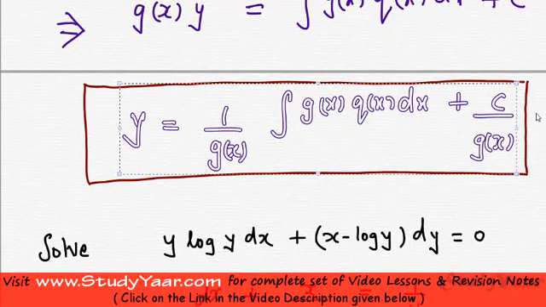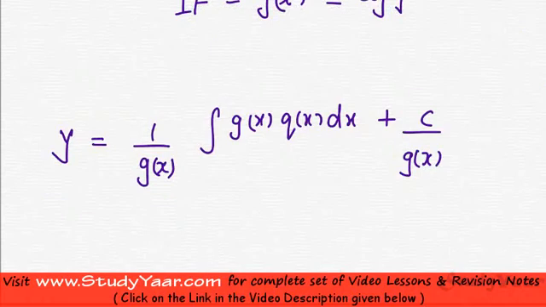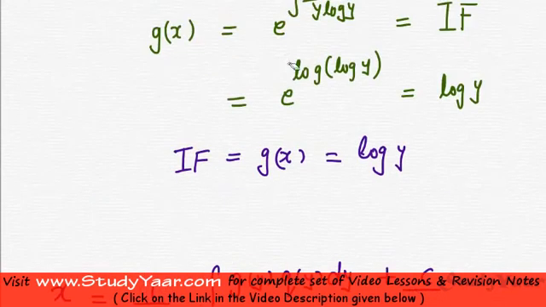So I'll just copy this and paste it over here. However, since we have the equation in terms of dx by dy, we are going to just replace x's with y's. So what you have is x is equal to 1 upon g(y) integration g(y) into q(y) dy plus c upon g(y). Actually this is your g(y) rather than g(x).